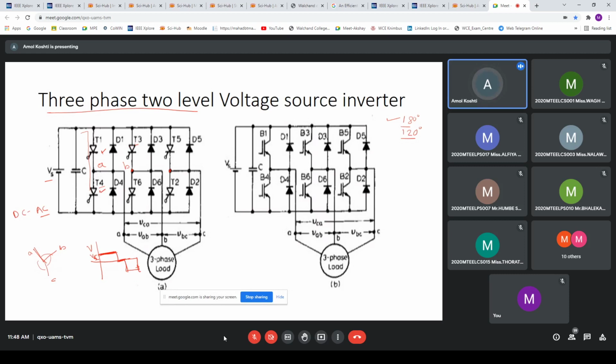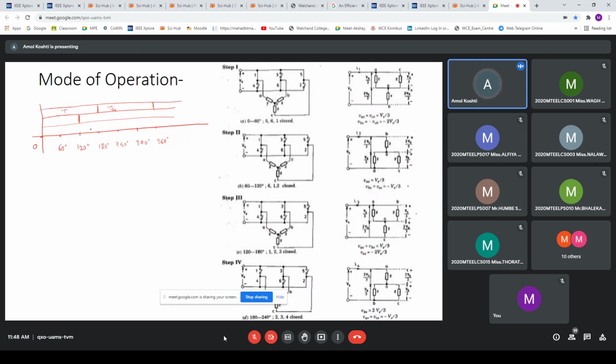We are referring to the 180 degree mode, so T3 will conduct for 180 degrees. From 120 we have to count the 180. Here it is 60 degree, then here it is 60 degree, and here it is up to 300.